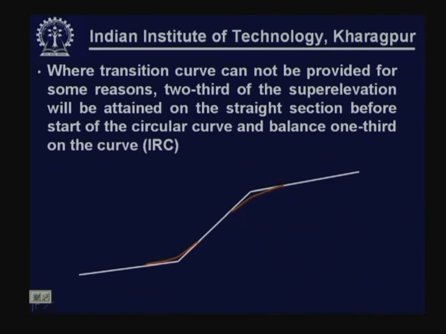So, that way we shall introduce the required super elevation, 2/3 before the beginning of the circular curve and 1/3 within the circular curve length. This also will make it compatible with the requirement of drivers and considering the natural path of driving.